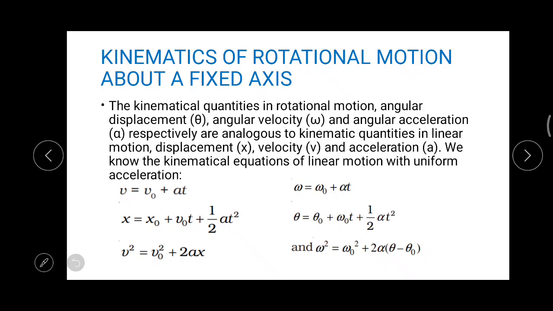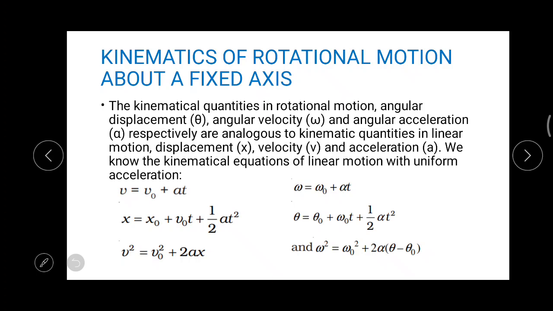So comparing with the help of these linear kinematic equations, we will derive the angular kinematic equations, or the kinematics of rotational motion. First equation: we know that the linear kinematic equation is v is equal to v0 plus at. V is the final velocity, v0 is the initial velocity, a is the acceleration, and t is the time taken.